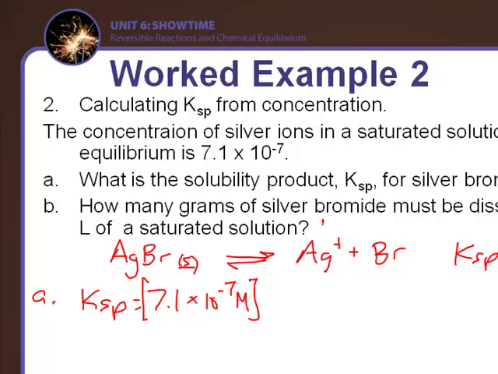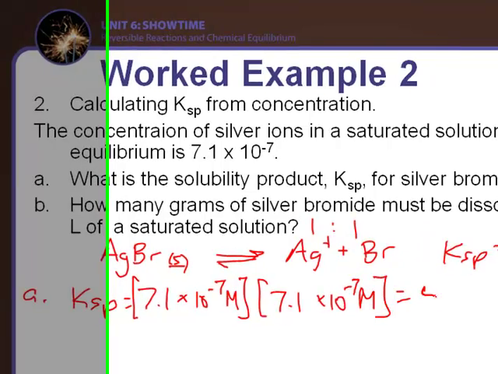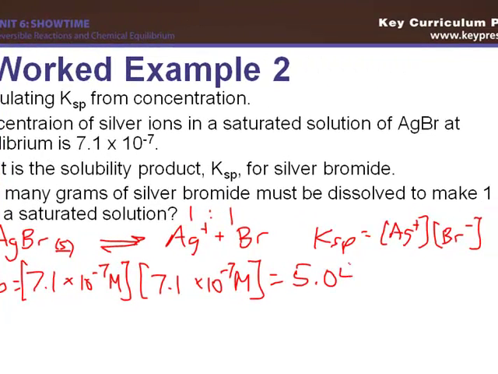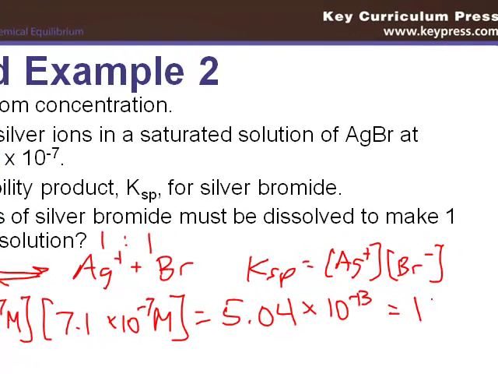Once again, there is a 1-to-1 relationship, which means the bromine is going to have the same concentration as the silver, and when you multiply these two together, or square the value of the concentration, you get a calculated value of 5.04 times 10 to the negative 13th, and that is for the KSP for this reaction.